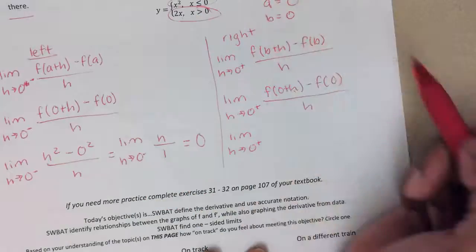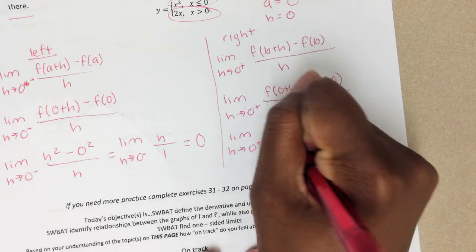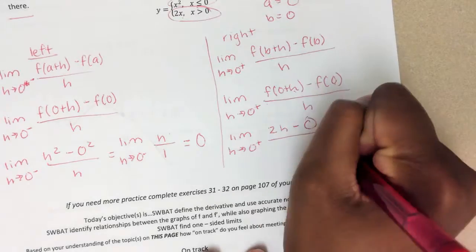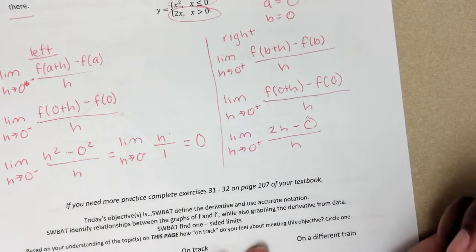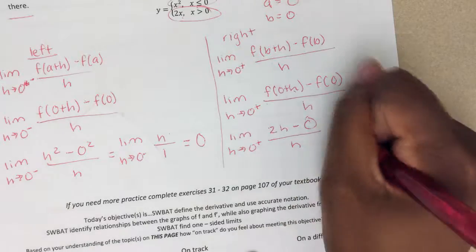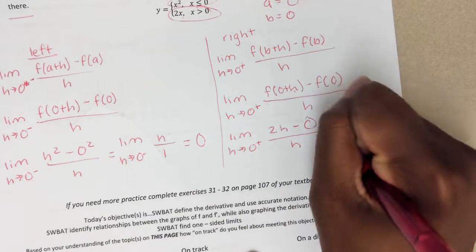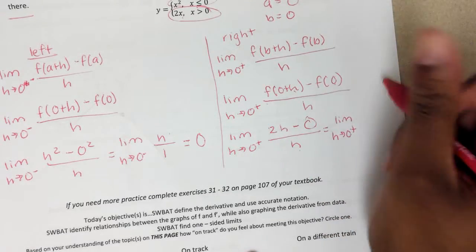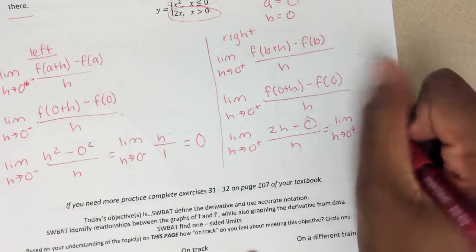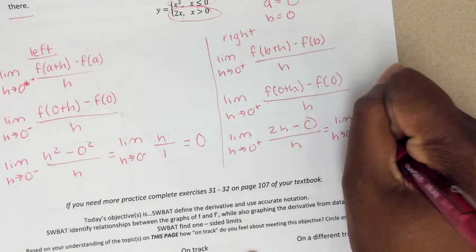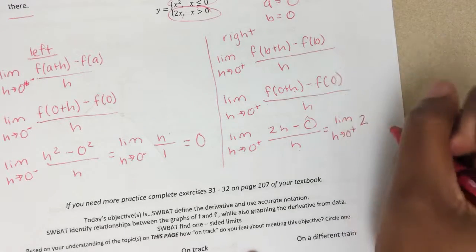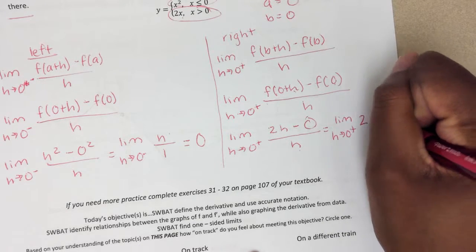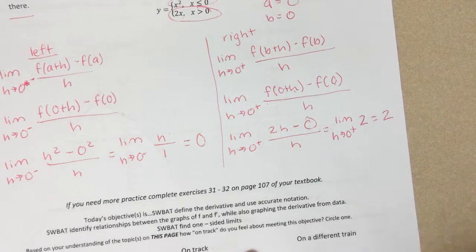So if we substitute h into our function, we have 2h minus f of 0, which would be 0, all over h, which simplifies to the limit as h approaches 0 from the right. 2h divided by h is just 2. So the limit as h approaches 0 from the right is equal to 2.